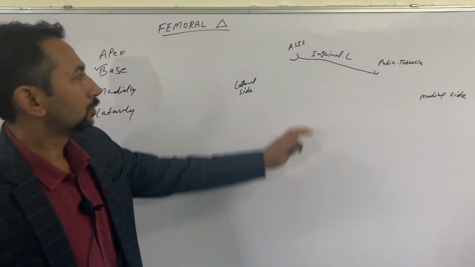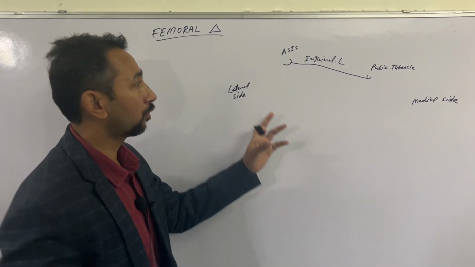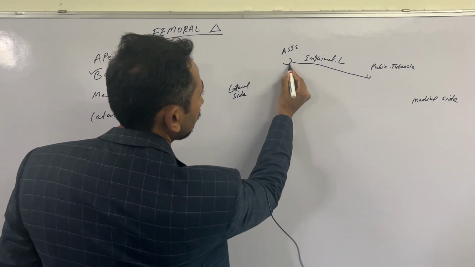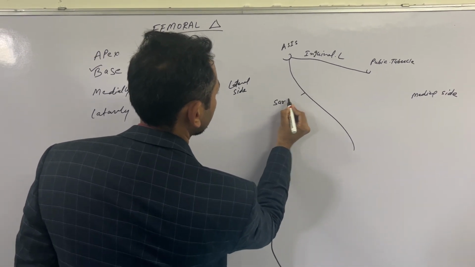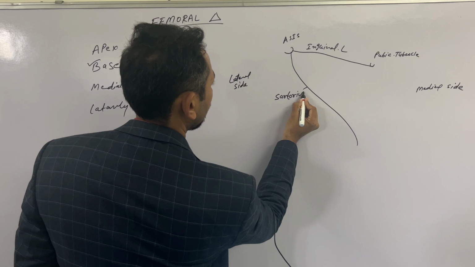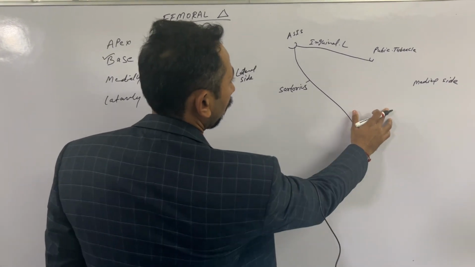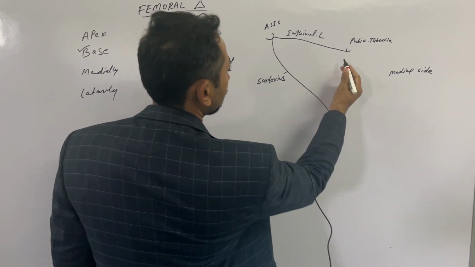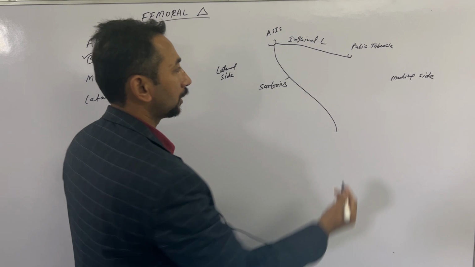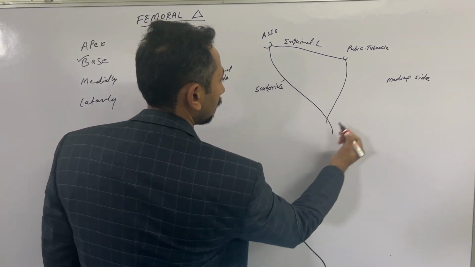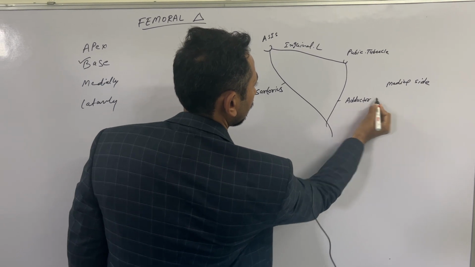On the lateral side there is a muscle arising from the anterior superior iliac spine called the sartorius, also called the tailor's muscle, and on the medial side there is a muscle of the medial compartment of the thigh called the adductor longus.